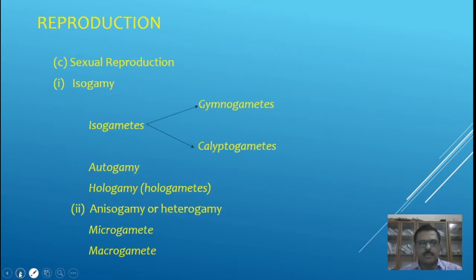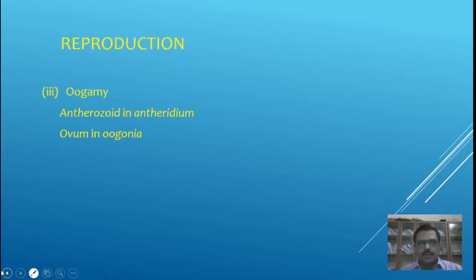Now finally we come to sexual reproduction. Sexual reproduction in algae shows three mechanisms. There is the most primitive mechanism called isogamy, there is anisogamy, and there is the most advanced mechanism, which is called oogamy.